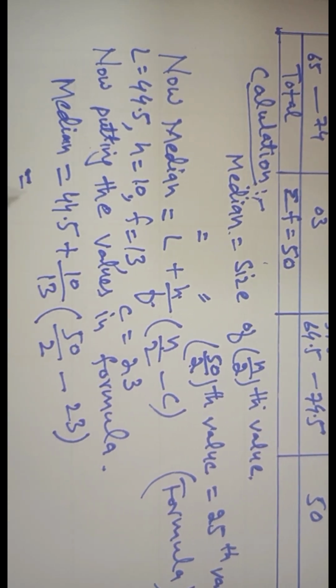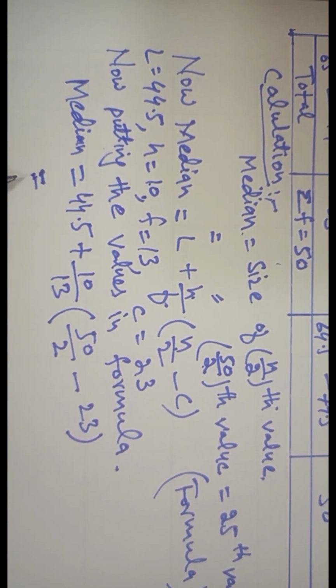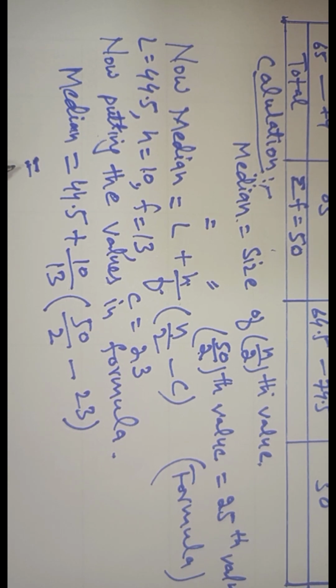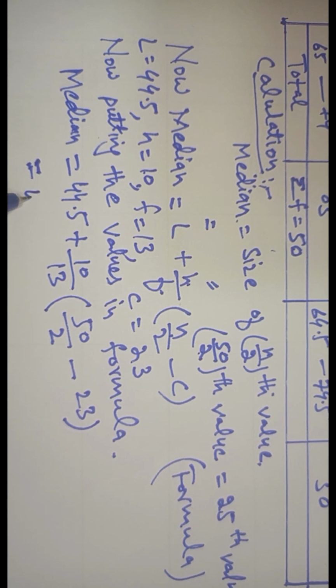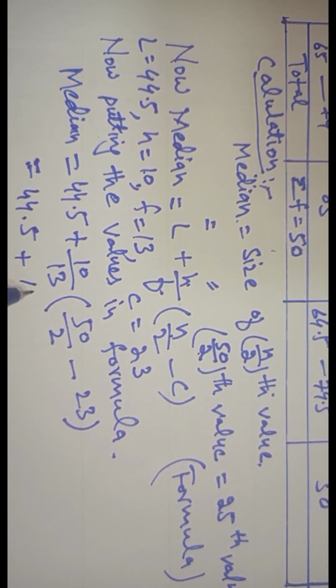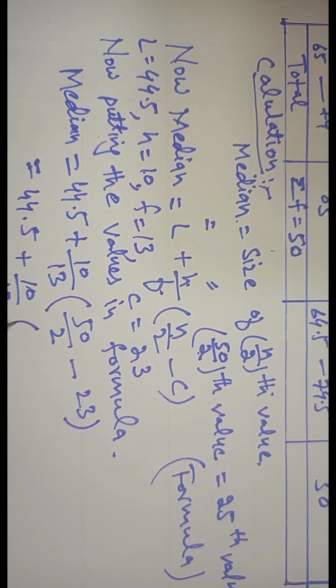Now we solve it. 50 divided by 2 minus 23. 50 divided by 2 is 25, minus 23, which will be 2. So 44.5 plus 10 over 13 into 2.